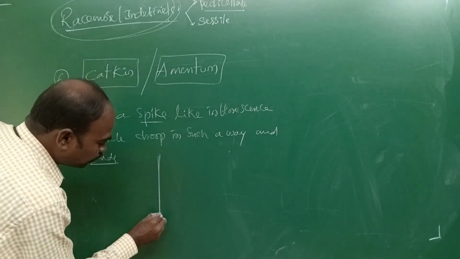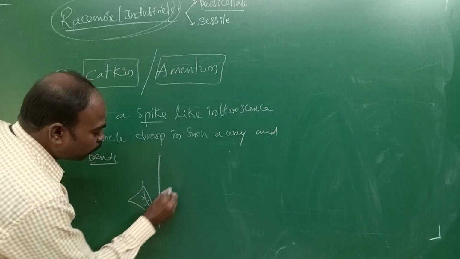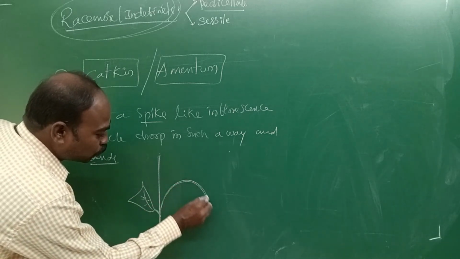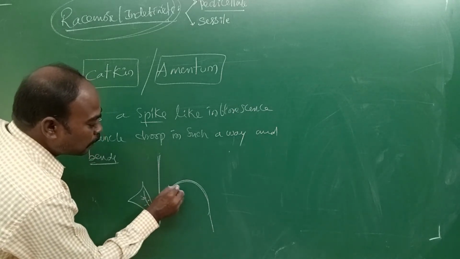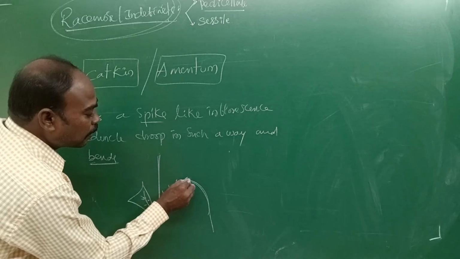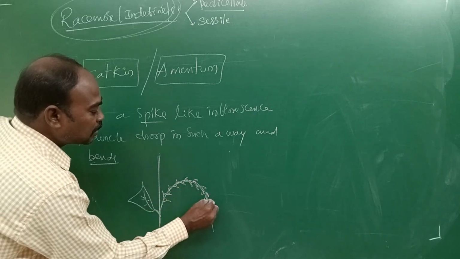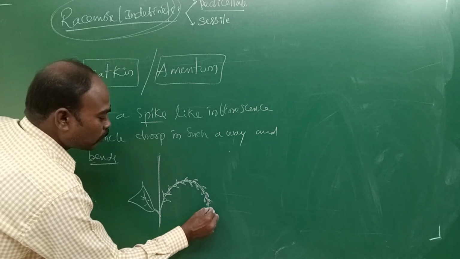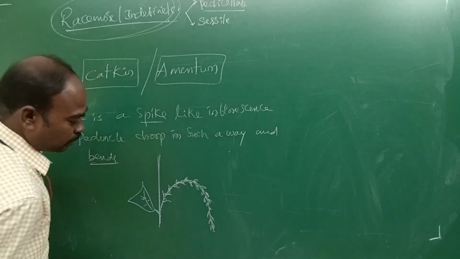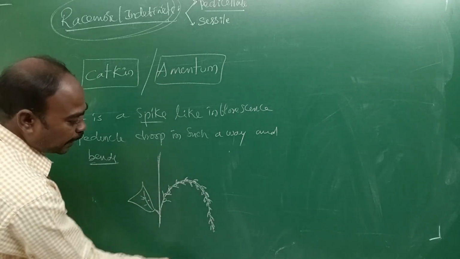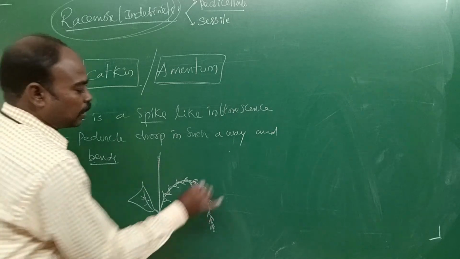See here, the inflorescence axis bends like this, producing sessile, bracteate, bisexual flowers, and the peduncle droops and bends like this. Such bended peduncles are found in catkin or amentum.